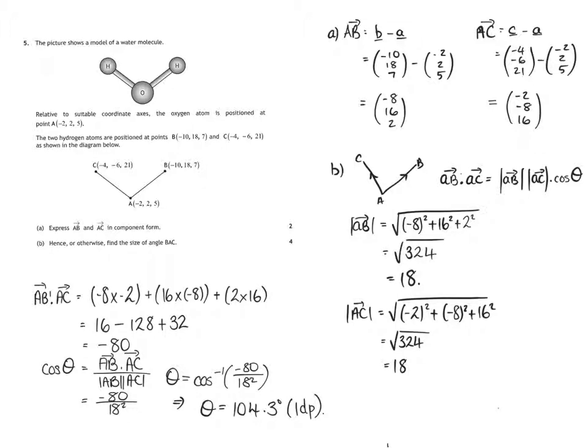Okay, so on to question 6. First thing is we've been asked to state the number of bacteria present in the study. So the scientists are studying the growth of a strain of bacteria. The number of bacteria present is given by the formula, where T represents the number of hours since the study began.